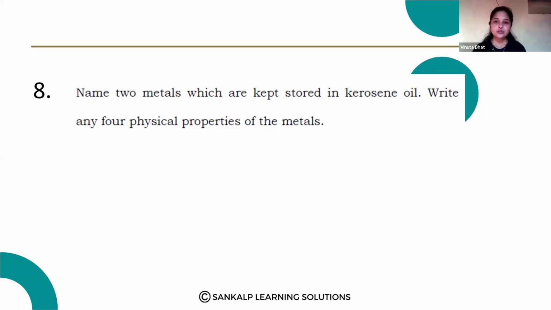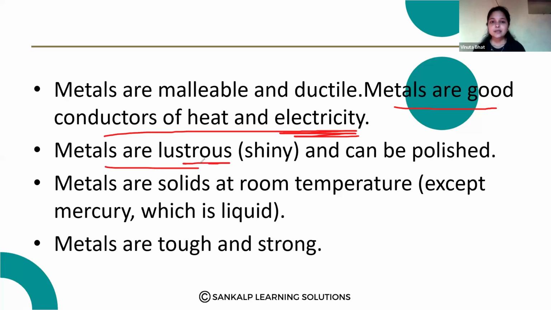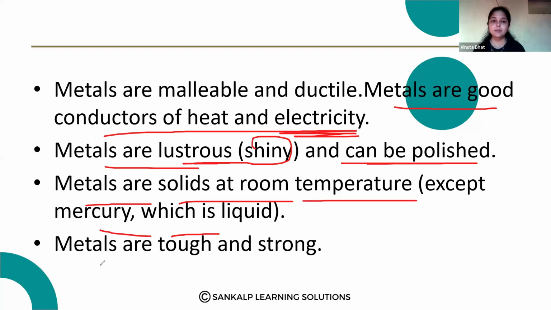Four properties of metals: metals are malleable and ductile. Metals are good conductors of heat and electricity. Metals are lustrous, meaning they are shiny and can be polished. Metals are solids at room temperature except mercury, which is a liquid. Metals are tough and strong. These are some physical properties of metals.